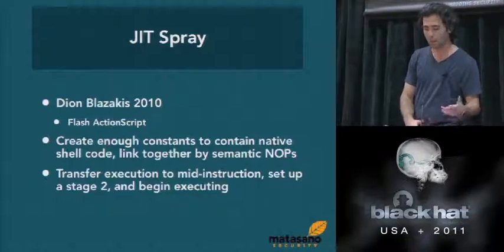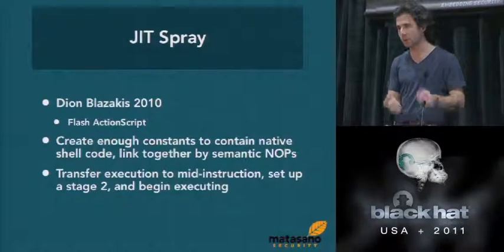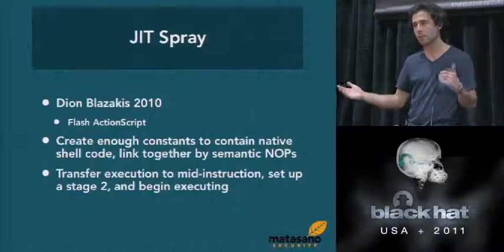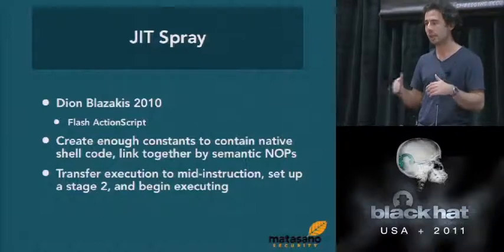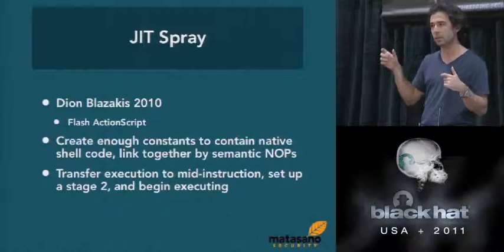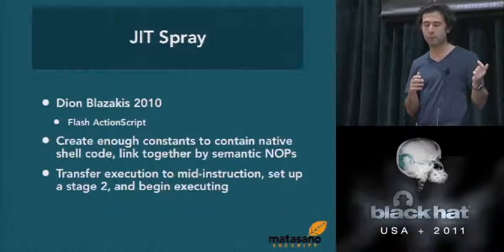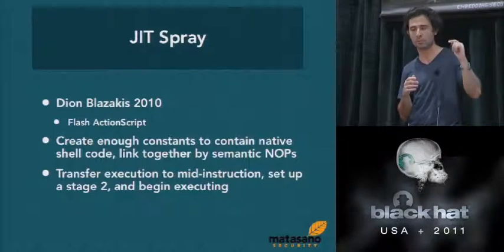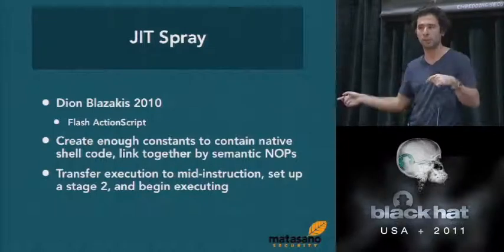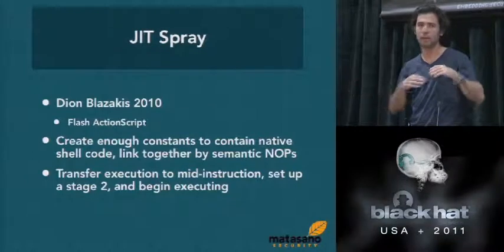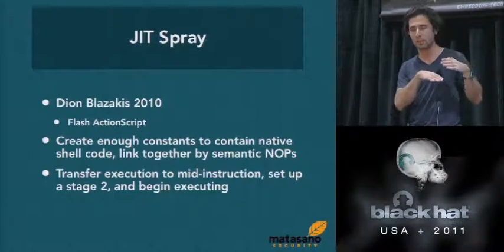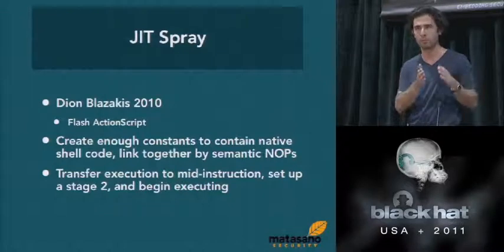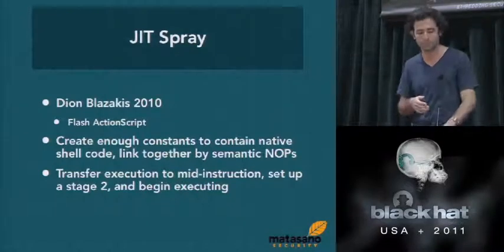So the basic idea of a JIT spray is you create a lot of code that uses a lot of constants, and the constants contain your shellcode. Then if you can change the instruction pointer and jump somewhere in the middle of your constant, you can have valid x86 instructions emitted in your final instruction stream, which can be joined together by semantic nops with the pieces left over from previous instructions.